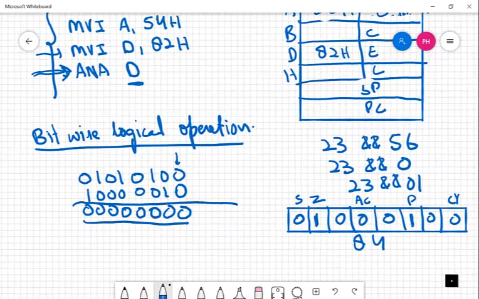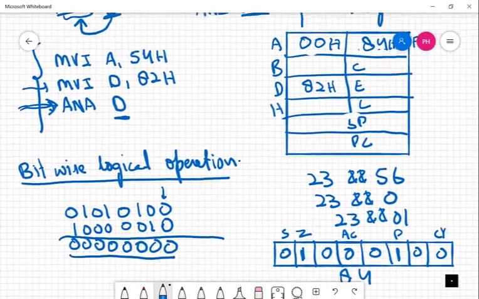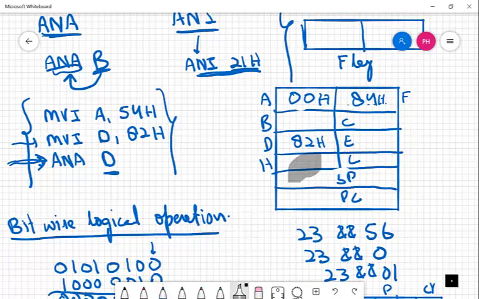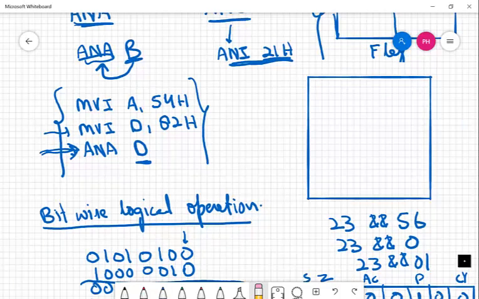Is that clear? And similarly we have an operation that's known as AND immediate. In this case, I may write this small program using AND immediate, with one instruction.